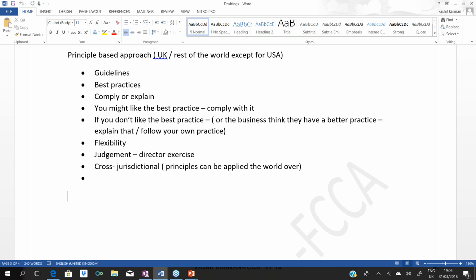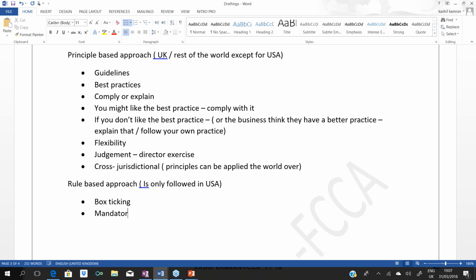Now, just the vice versa, the rule-based approach. This approach is only followed in the USA. The rule-based approach is box ticking. That means everything written must be followed.